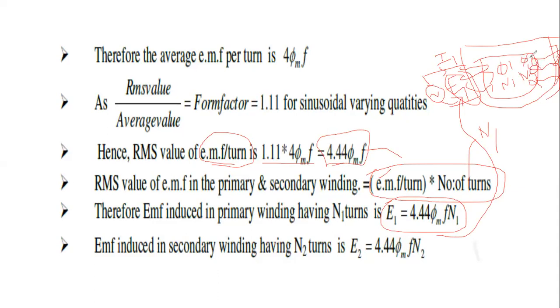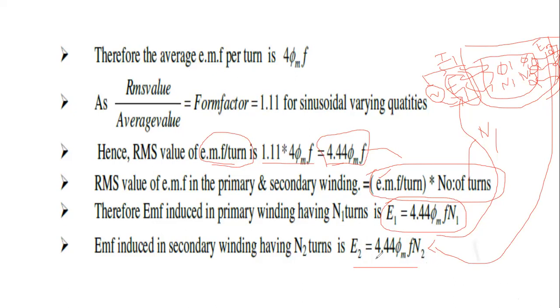When the flux links to the secondary winding, according to Faraday's second law, the EMF E2 is induced in the secondary winding. How much EMF is induced in the secondary winding? That is E2. Therefore, E2 is equal to 4.44 φm f N2.